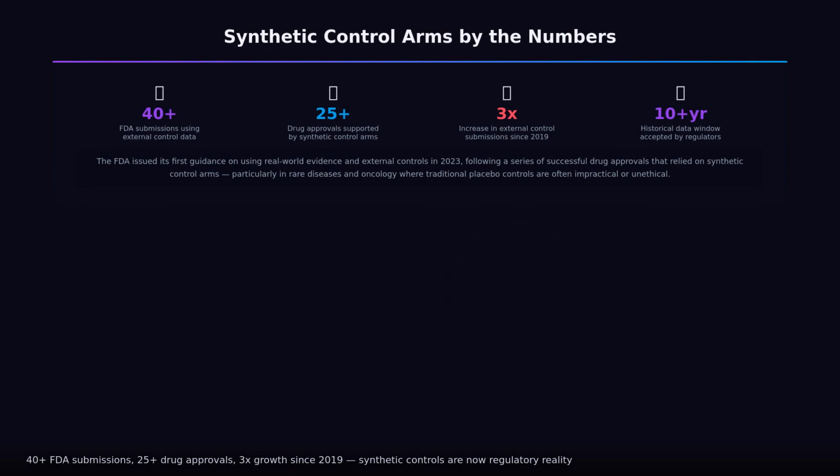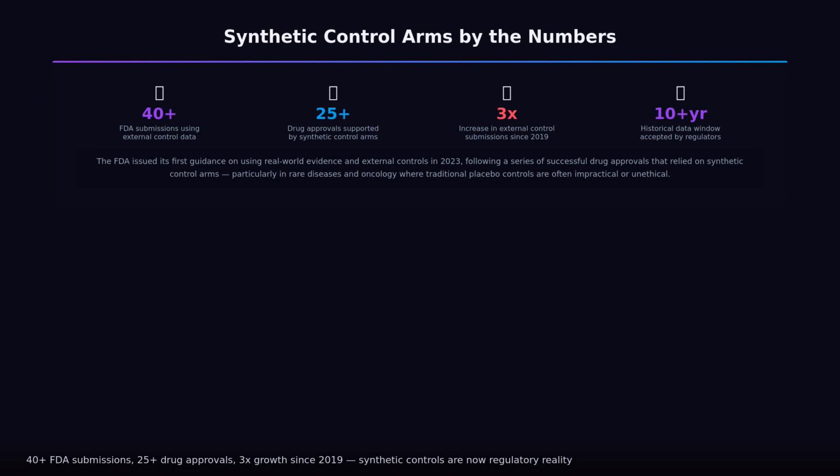The adoption of synthetic control arms has accelerated rapidly. As of 2024, more than 40 FDA submissions have included external control data, and over 25 drugs have been approved using synthetic control arms as part of their evidence package. The number of external control submissions has tripled since 2019.